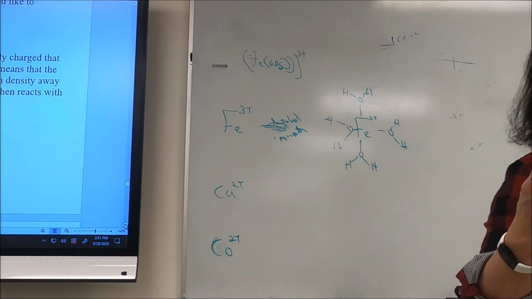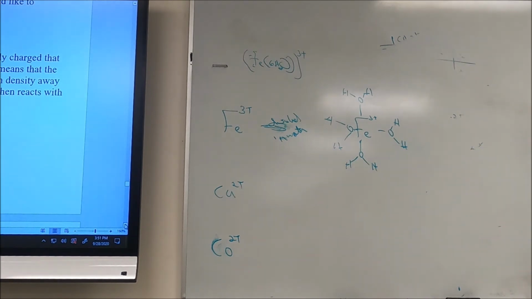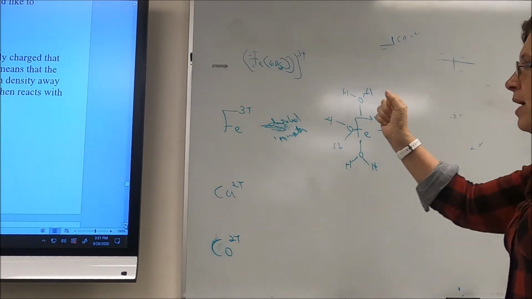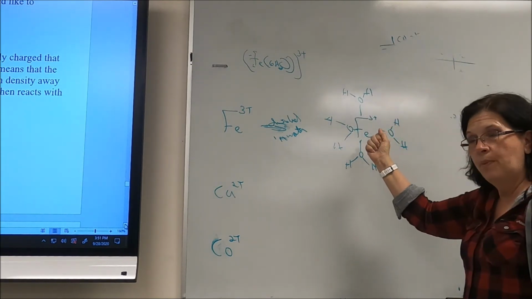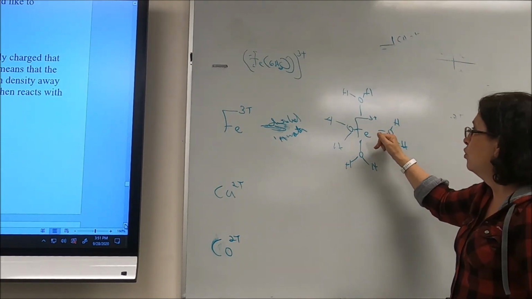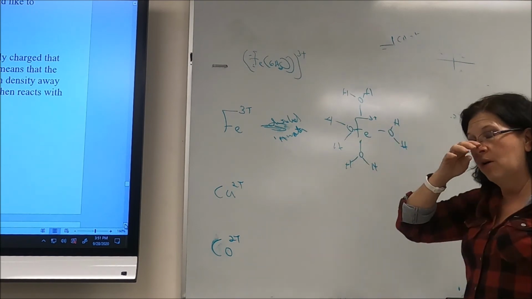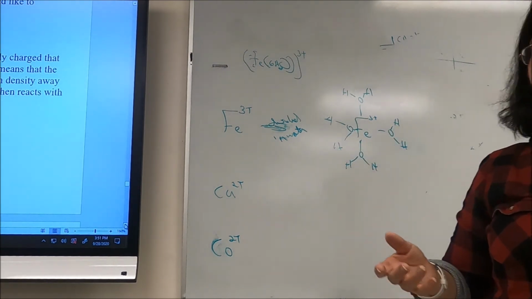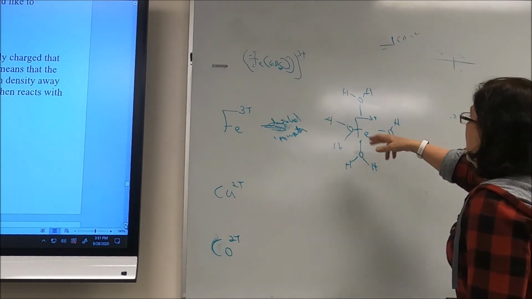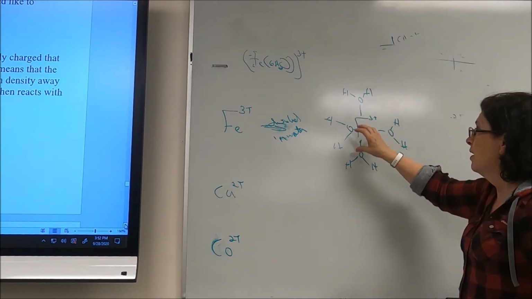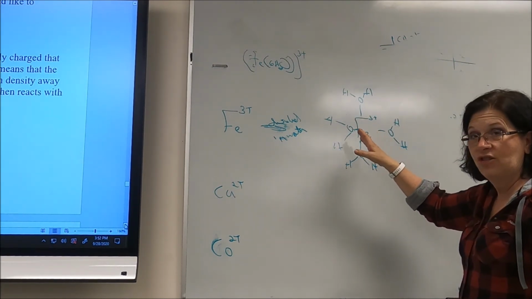The oxygen, because it's so electronegative, and the iron being +3 and being so tiny at this point, is able to pull electron density toward it. It actually forms what's called a coordinate covalent bond with the oxygen. This is the first time we've talked about a metal forming covalent bonds. But the iron 3+ forms coordinate covalent bonds with the oxygens.